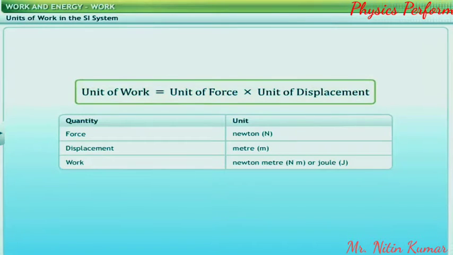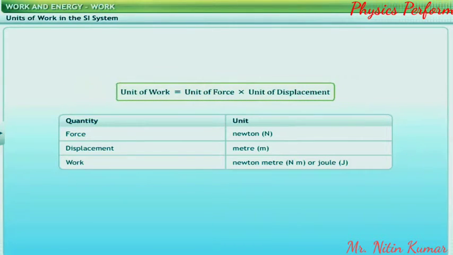The unit of work is the product of the unit of force and the unit of displacement. In the SI system, unit of force is expressed in Newton, and the unit of displacement is expressed in meters. Therefore, the unit of work is Newton meter.